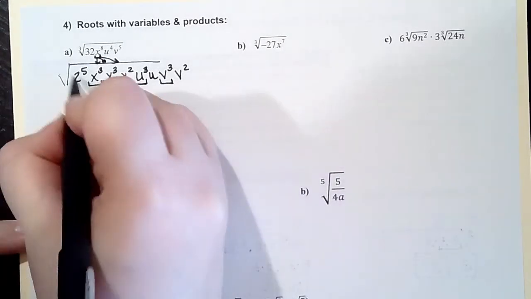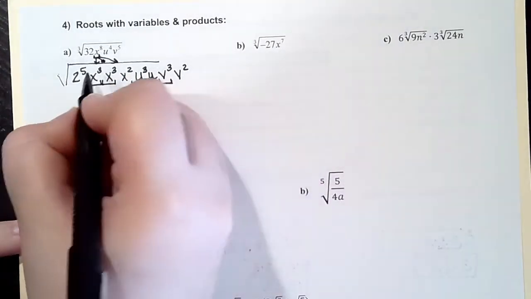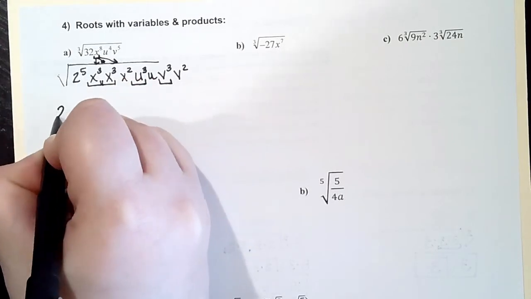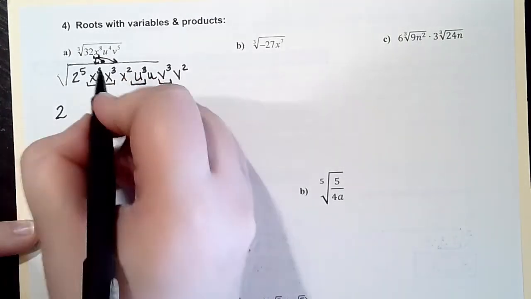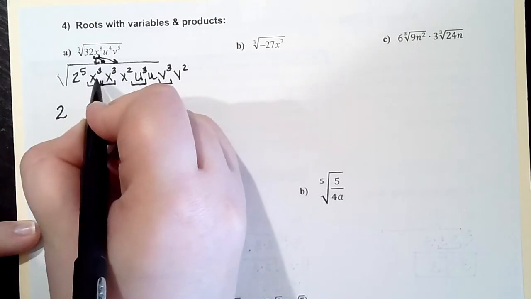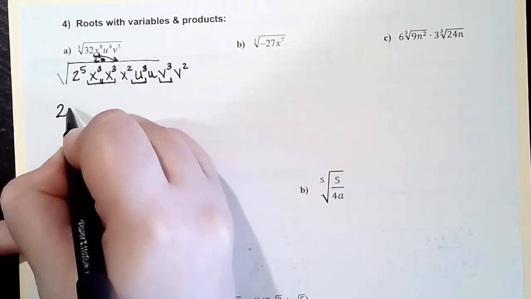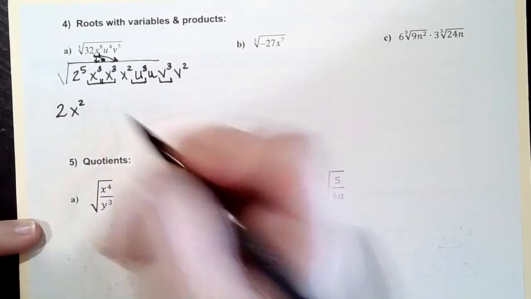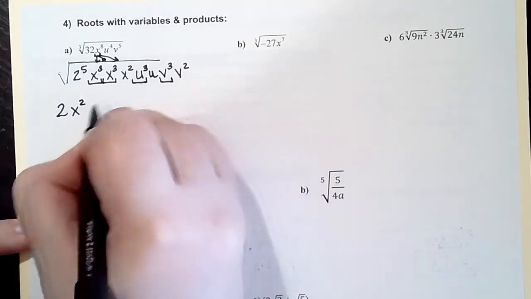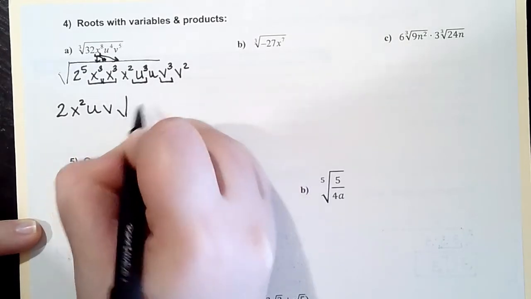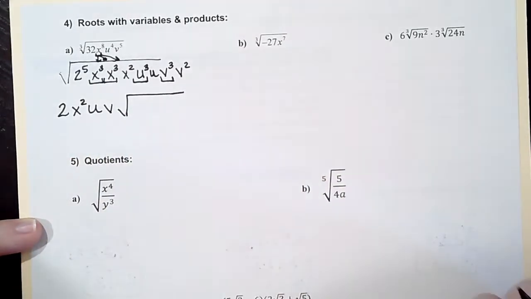And I can do the same thing with this 2 to the 5. So now I'm going to do that. I'm going to pull out 3 of those to be 2. I already said anything that has an exponent of 3, I'm going to pull 1 out. So x and x, there's 2 of those: x squared. Pull out that u, the v, and then left over in the radical is anything that I didn't address.